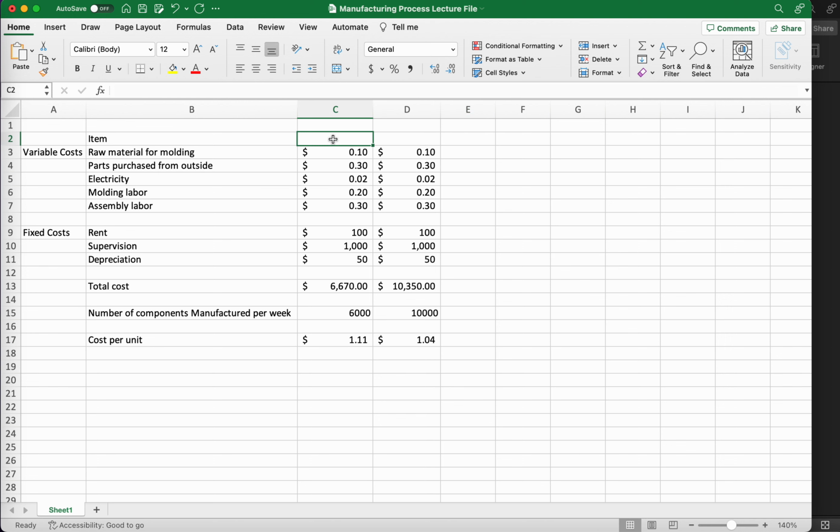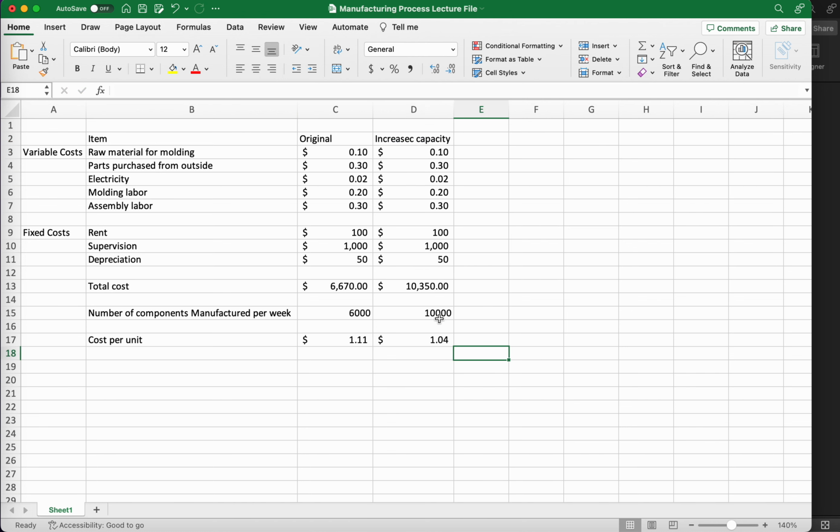So this is the original, and this is the increased capacity. As you make more items, your fixed costs get spread out over a larger number of items, so your total cost per unit will go down.